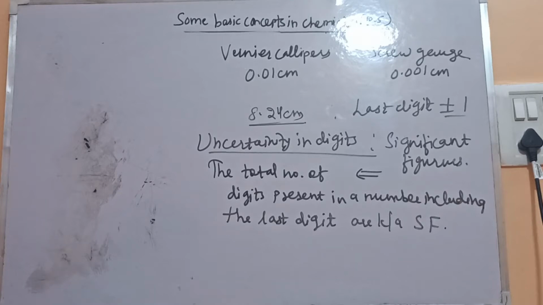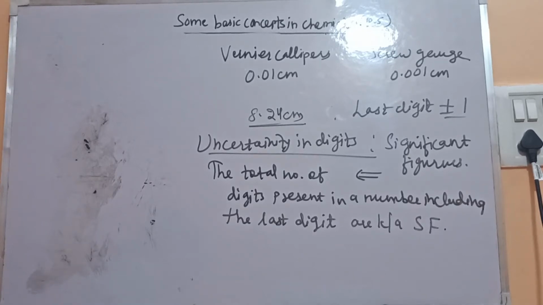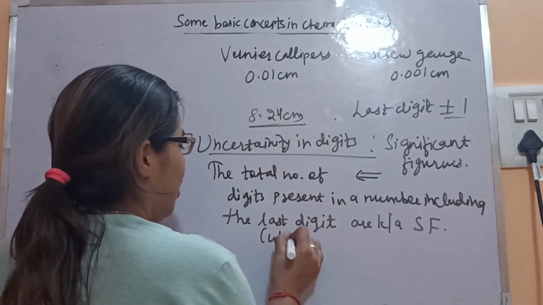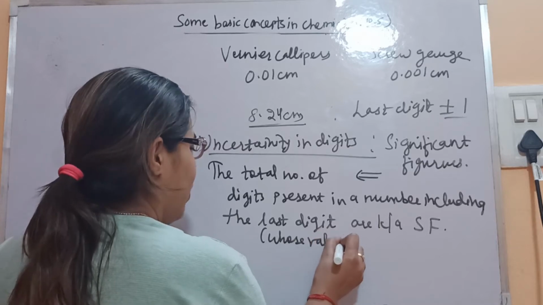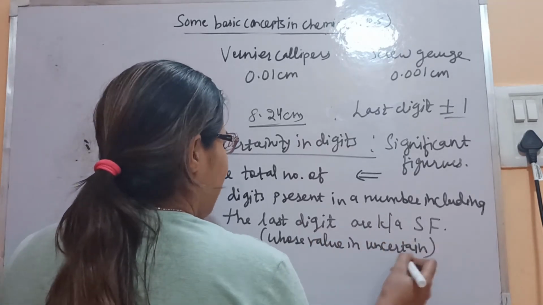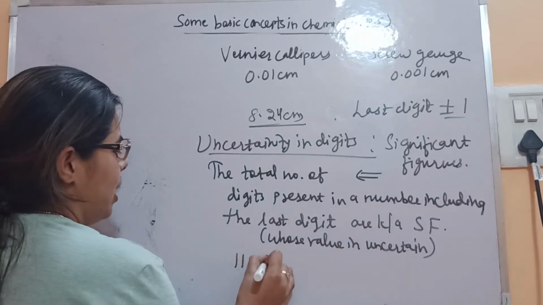That is the total number of digits in a number including the last digit whose value is uncertain. For example, let's consider one number, say 11.64.